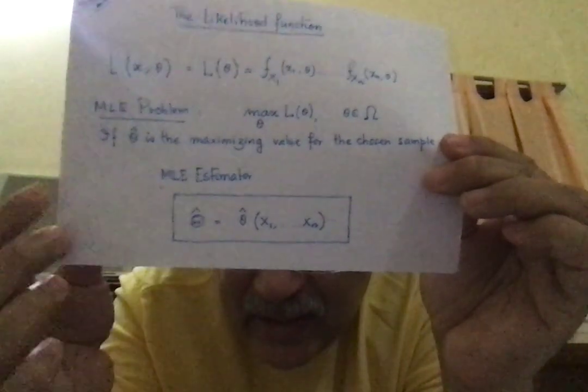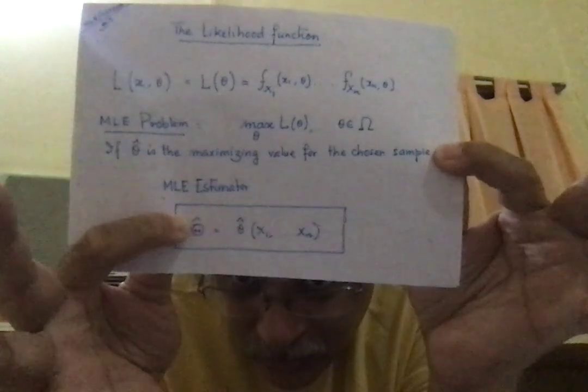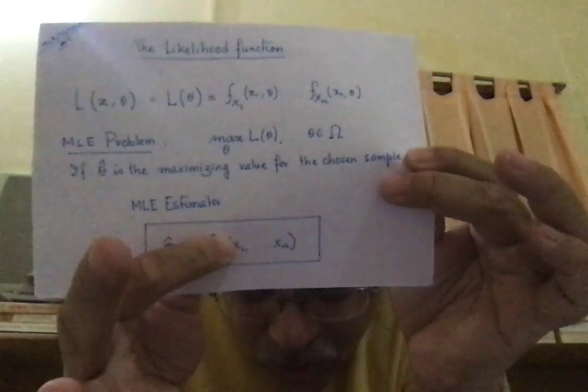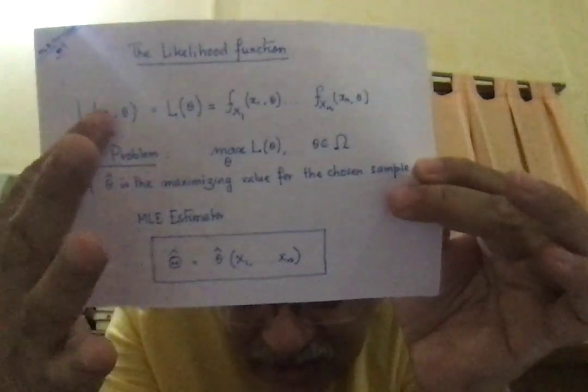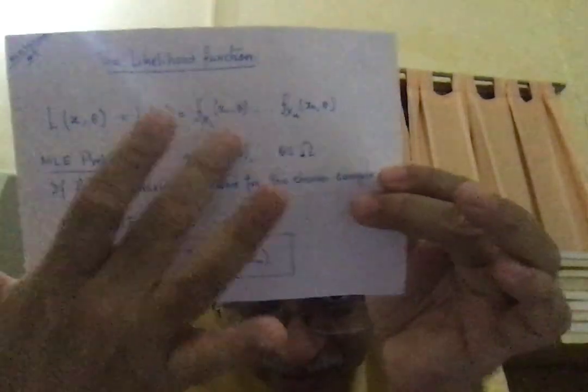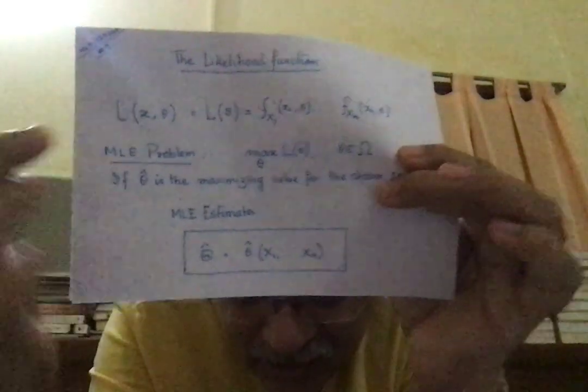The value of this statistic will change depending on the choice of small x1, small x2, small xn, because the likelihood function also depends on x1, x2, xn. Though we are not writing L(x, theta) every time, we tacitly assume that theta is always there, and the observation x1, x2, xn is always there.